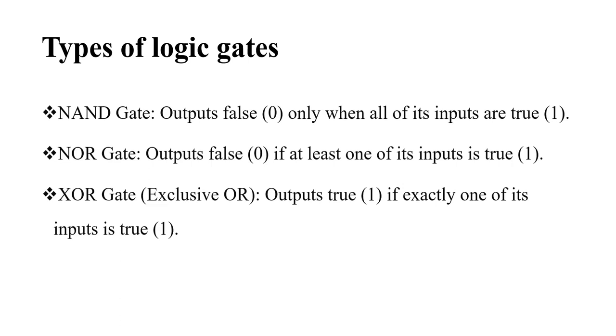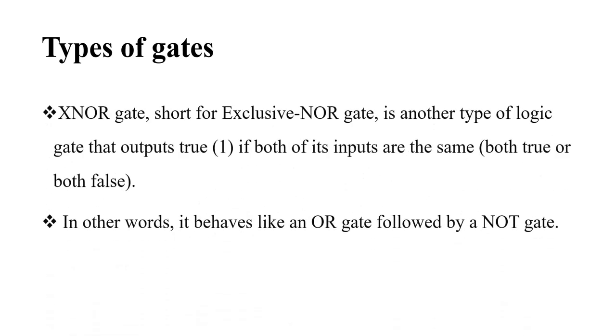This exclusive OR gate outputs true, that is high or 1, if exactly one of its inputs is true. As long as you have only one of its inputs being true, then you are going to have a true as an output. What about the XNOR gate? This is an XOR gate negated.